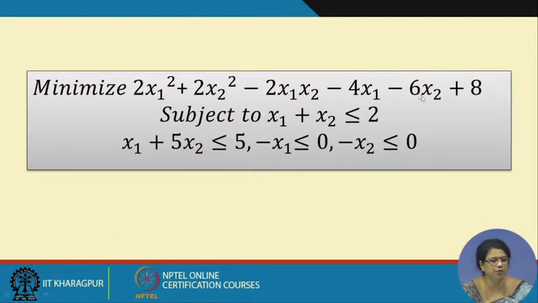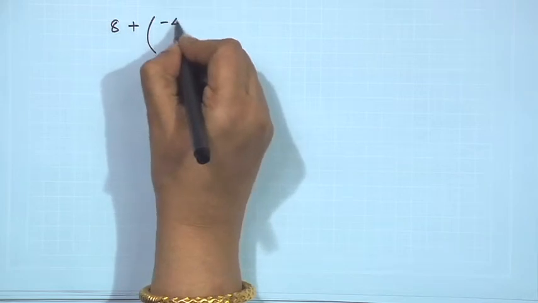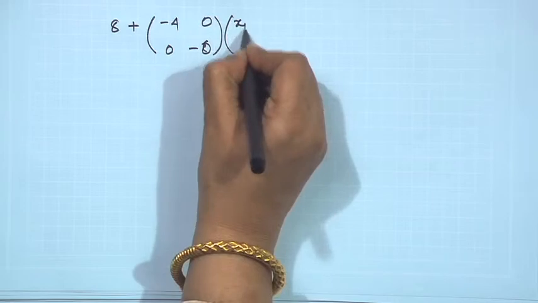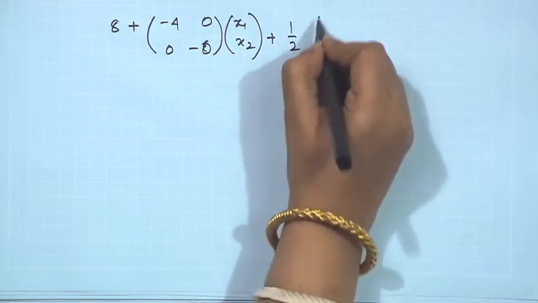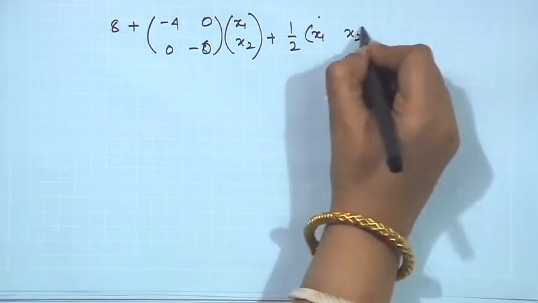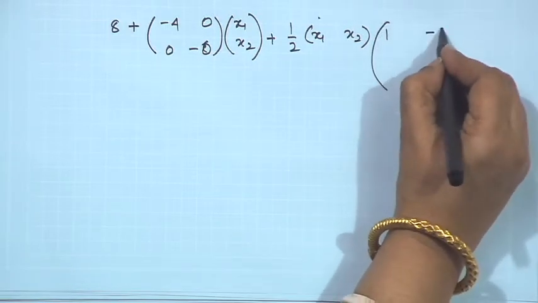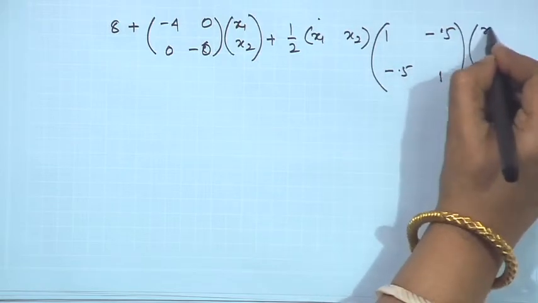I can write it in the form of c, that is 8, plus q^T, that is a simple matrix we can consider like minus 4, 0, 0, minus 6, 0, x1 x2, all right, plus half x1 x2, and the matrix we can consider 1 1 minus 0.5 minus 0.5, x1 x2.